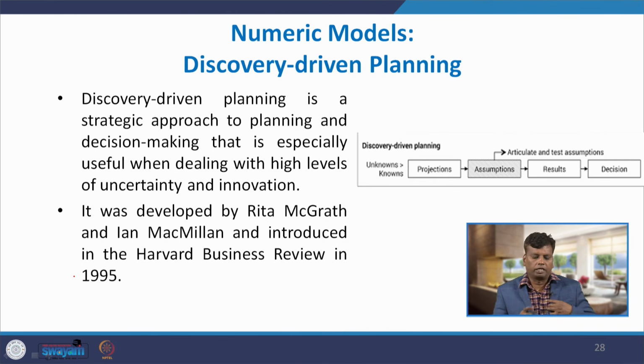Look at the picture on the right-hand side about discovery driven planning. There are unknowns. So, there is a project, there are assumptions, and we have to articulate and test the assumptions. That is the important element in discovery driven planning.